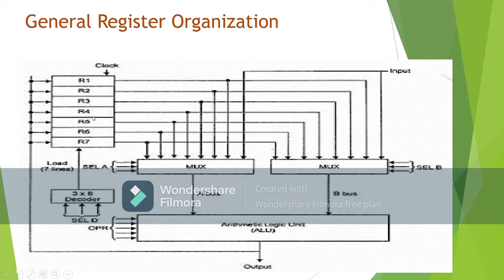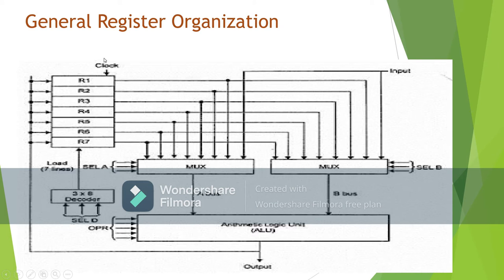Operands are the numbers on which some operation is to be performed. For example, we are performing the addition of two numbers A plus B. Then A and B will be stored in these registers and these are the operands. So operands will be stored in the registers as well as the results.